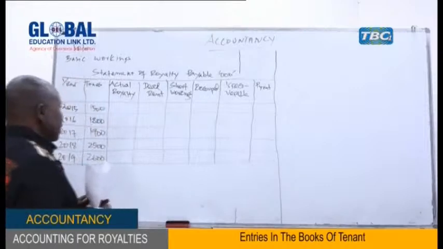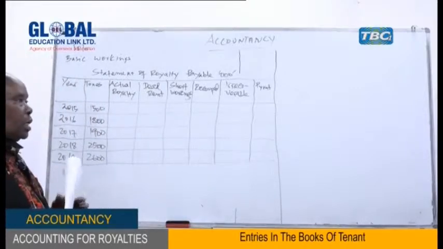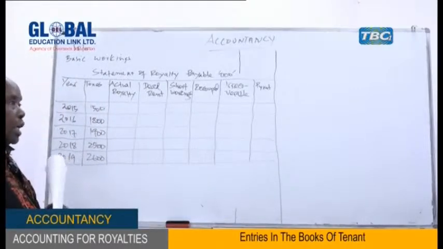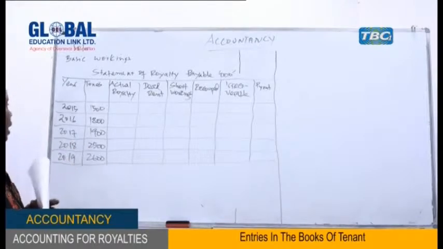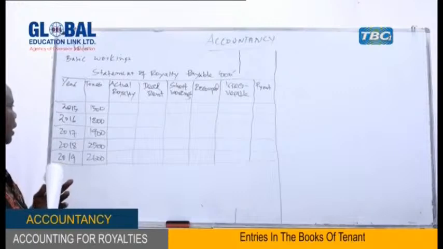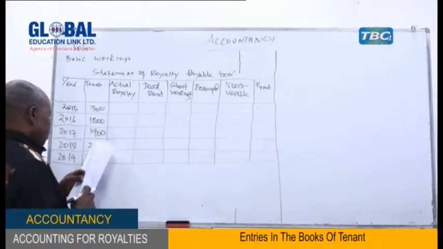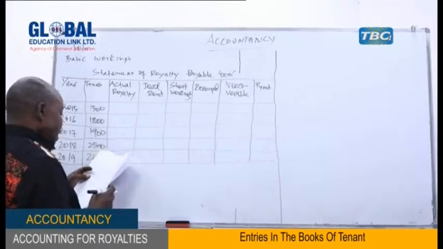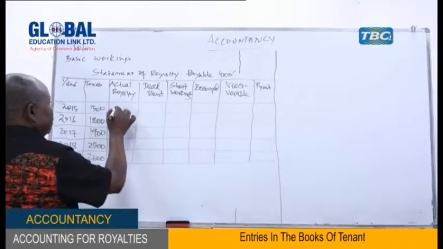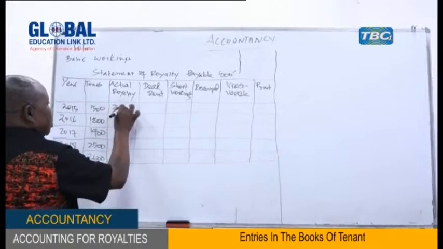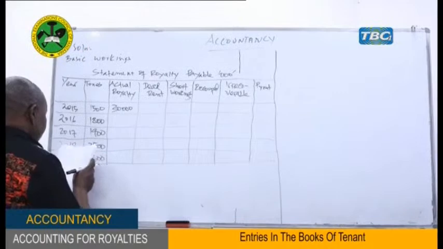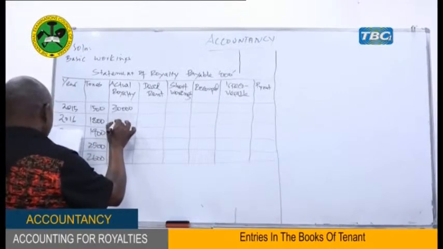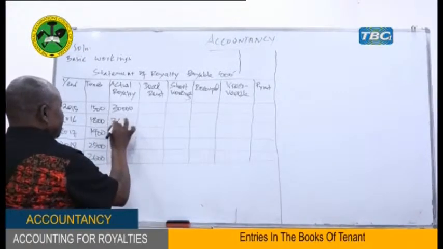So we'll just take 1,500 times 20,000, but we will write figures in terms of thousand. So if you multiply, you will get for the year 2015, 30,000, and for 2016, you'll get 36,000.